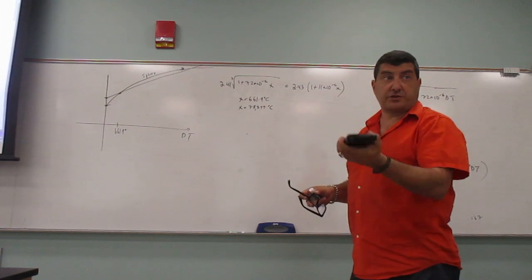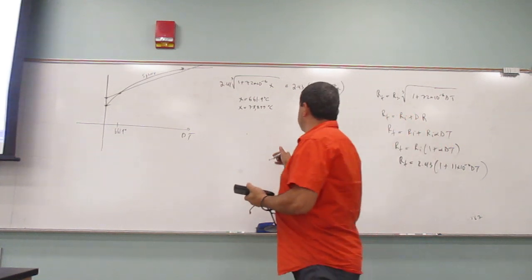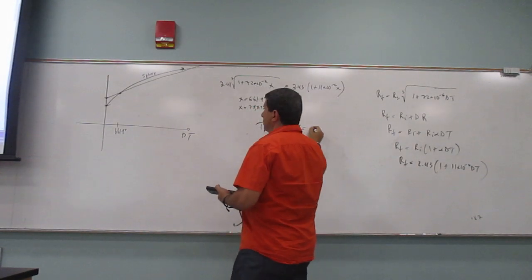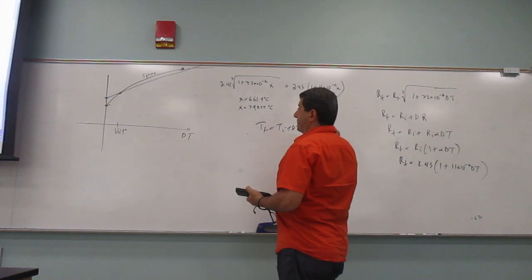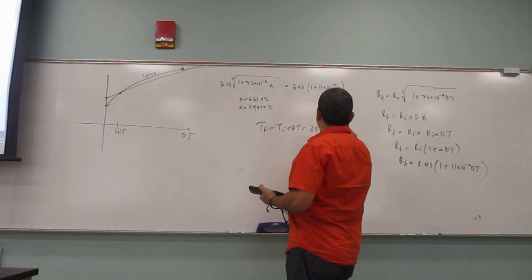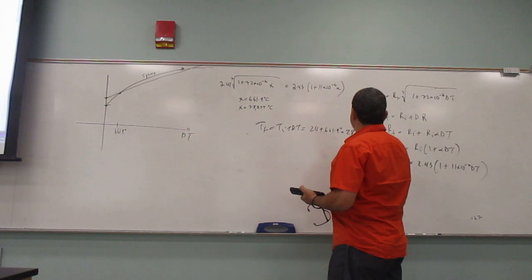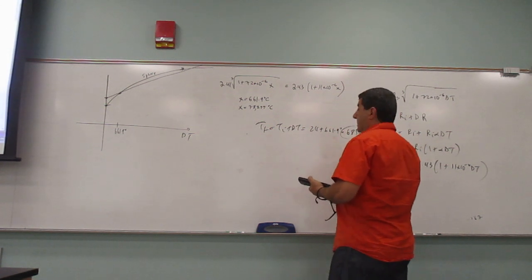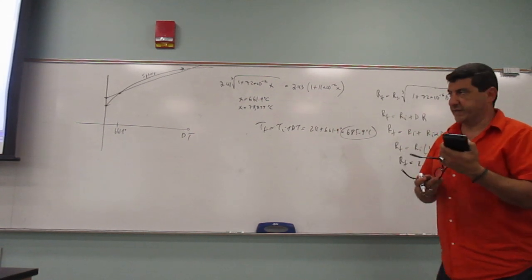But if it's asking for the final temperature of both metals, then that's just going to be its initial temperature plus delta T. So 24 plus 661.9, that's 685.9, and that's going to be the final temperature of both metals.